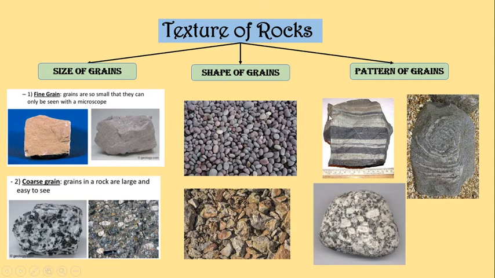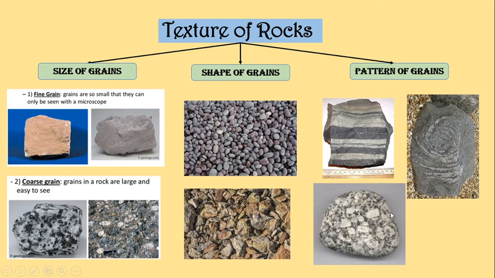Jadi permukaan batunya itu seperti bergaris-garis atau berbelang-belang warnanya. And the second, it has swirling patterns. Swirling patterns itu bentuknya seperti memutar. Jadi pola batunya itu seperti berputar. Ada putaran di dalam batu itu.